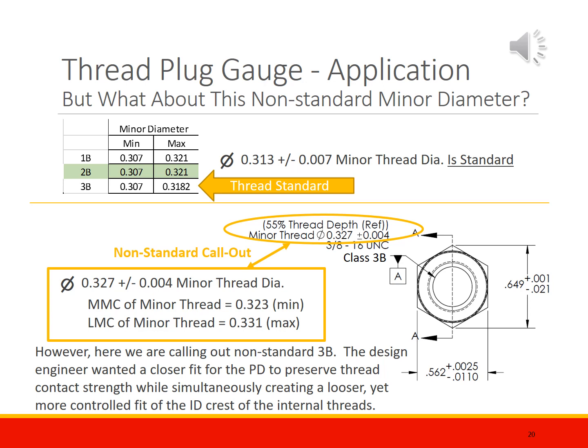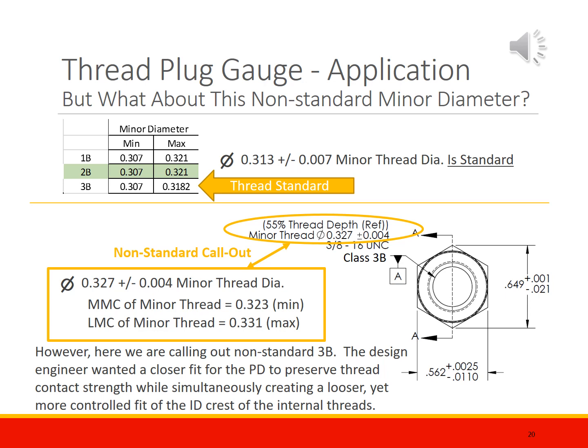The standard minor diameter callout for a UNC 3/8 16 class 3B threaded nut is a minimum of 0.3070 and a maximum of 0.3182. However, in the print callout, we see a minor thread callout of 0.327 plus or minus 0.004.